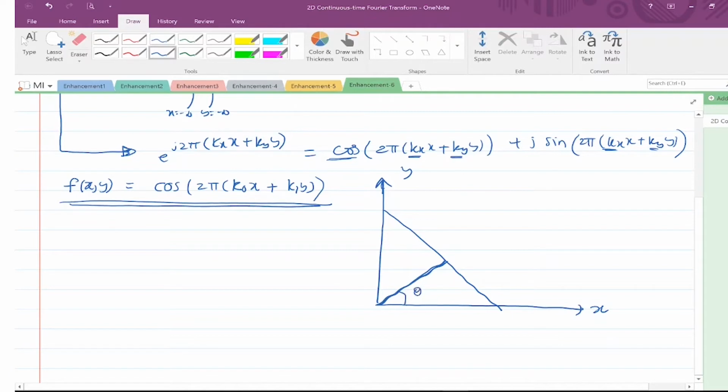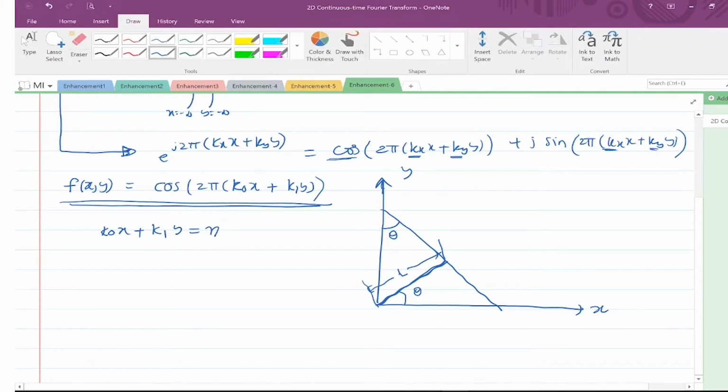If this is theta, this is also going to be theta. So that repetition of its peak is what we are taking, and let's call that periodicity L. To do that, we made k naught x plus k1 y equal to some integer value n. That's what we did in our analysis.